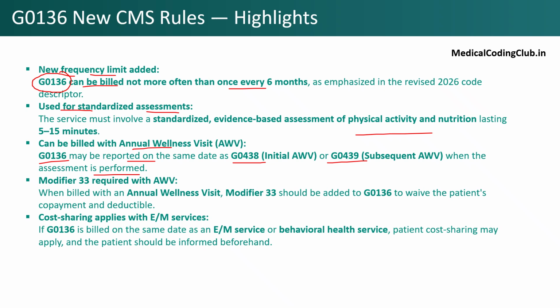So we can additionally use G0136 if we have sufficient documentation regarding the physical activity and nutrition screening. Then the important thing is modifier usage. Modifier 33 is required with AWV, the annual wellness visit. When we bill an annual wellness visit, we must use modifier 33, appended to G0136, to waive the patient's copayment and deductible.